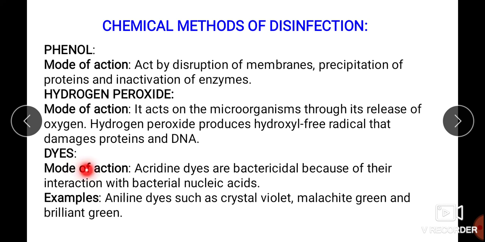The dyes: acridine dyes are bactericidal because they interact with nucleic acid and the nucleic acid gets mutated, hence the organisms get killed. Examples are aniline dyes such as crystal violet, magenta green and brilliant green.